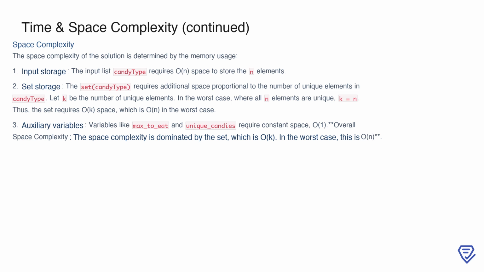In the worst-case scenario, where all n elements are unique, k equals n, and the space required by the set is O(n). Finally, the solution uses a small number of auxiliary variables, such as max_to_eat and unique_candies, which require constant space, or O(1). Therefore, the space complexity of the solution is dominated by the set. In the worst case, where k equals n, the space complexity simplifies to O(n).